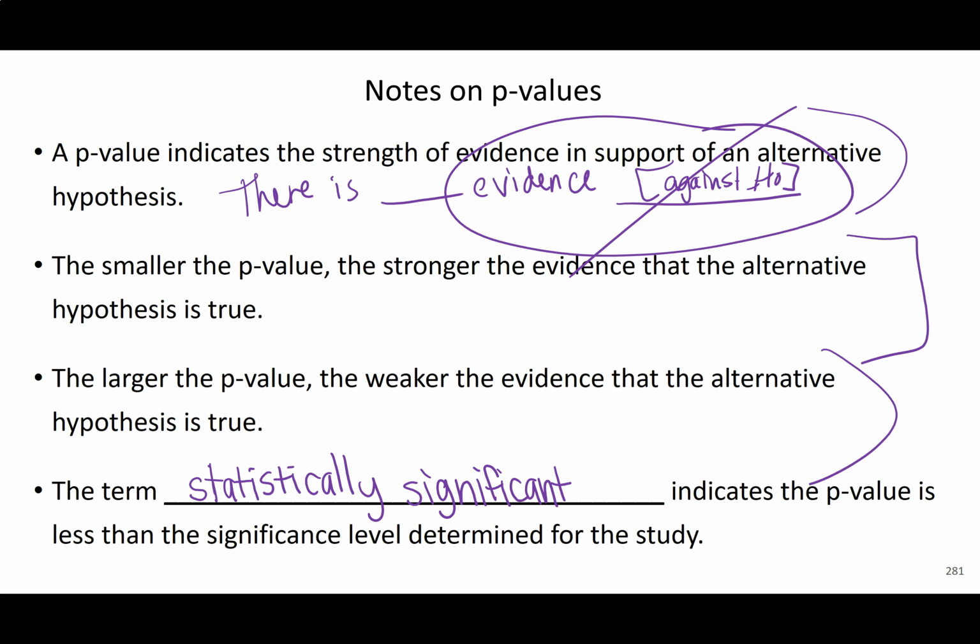It literally is just a key term to say, I rejected the null. My p-value was small enough. It indicates the p-value is less than the significance level. If you get statistical significance, great. We'll hint at something called practical significance. It's really great to have both, because you can have just one or the other, and it's a lot more complicated when you do.